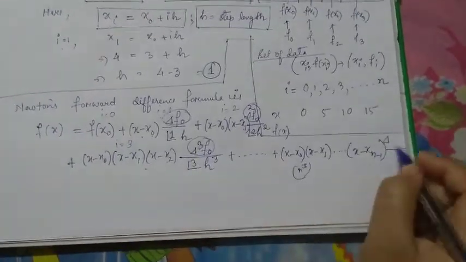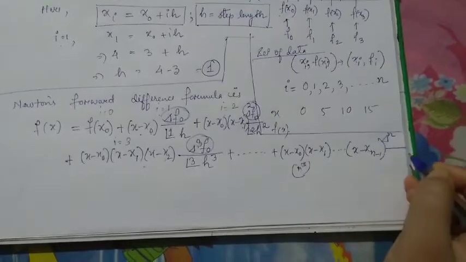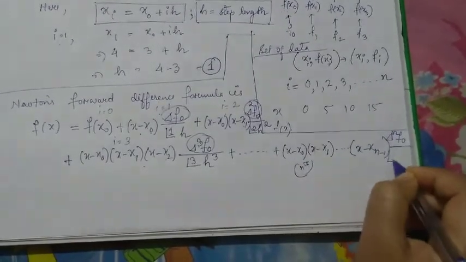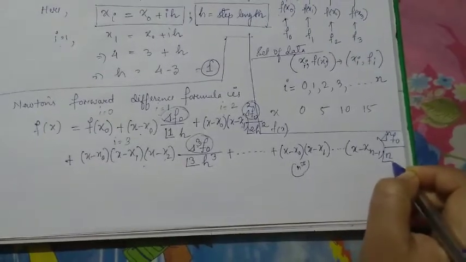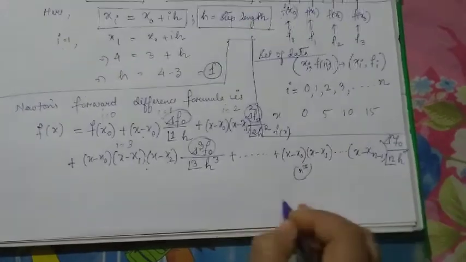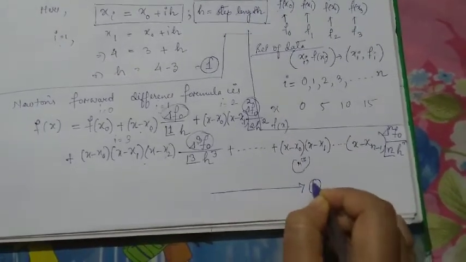For i equal to n also it will be n, so del n f0 by factorial n, then h to the power n. Let this be our equation number 1.